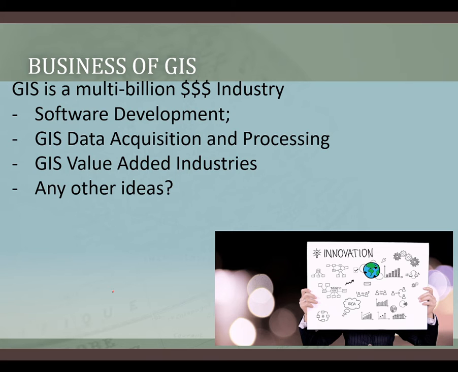So think about it guys. Are there any other ideas that we need to talk about that can bring money, bring more to this multi-billion dollar industry of GIS? Let's talk about this more in our class, because I want to do some kind of brainstorming with you about that.